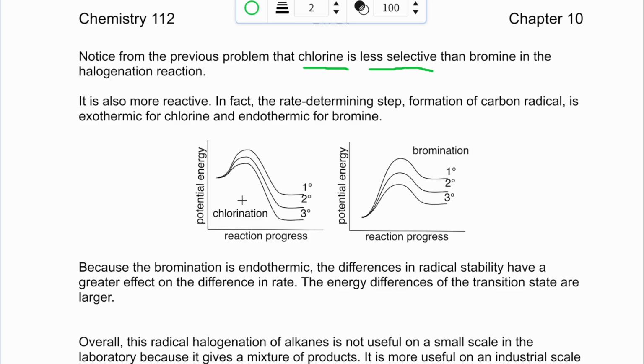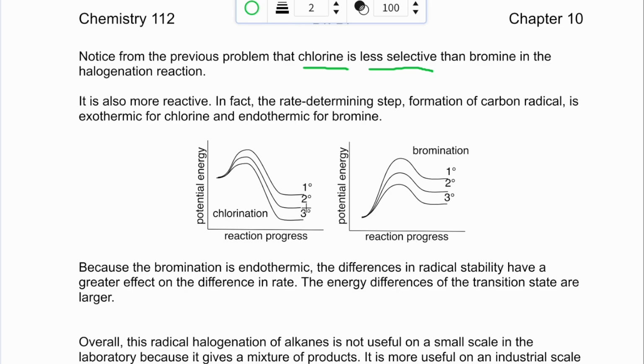Another thing that you can notice in this energy diagram is that this is an exothermic reaction, and for exothermic reactions, the transition state tends to be more similar to the starting material. There's only one starting material, so the transition states are more similar to each other, whereas in the formation of the radical with bromination, it's an endothermic process, and for endothermic processes, the transition state tends to be more similar to the product.